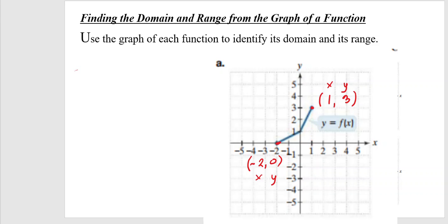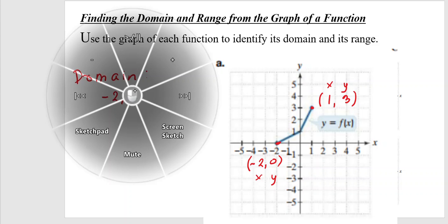So we'll say that the domain of this graph is the interval from negative 2 to positive 1. So negative 2 up to positive 1.